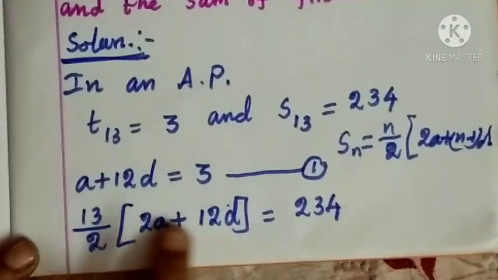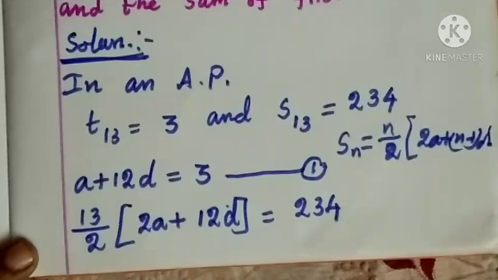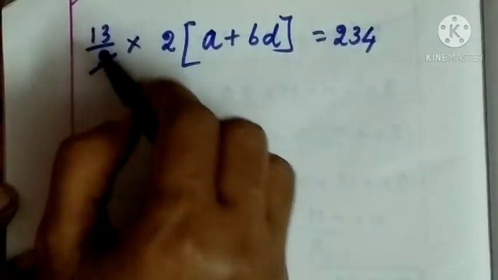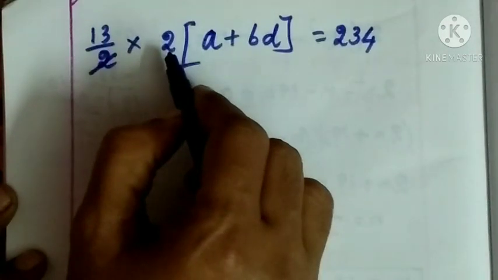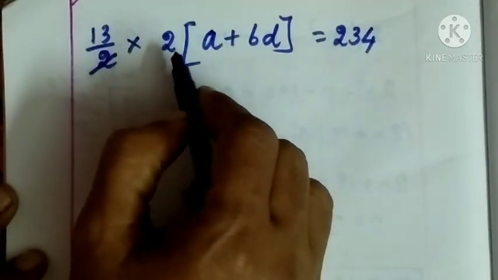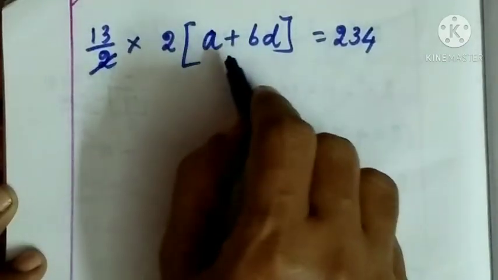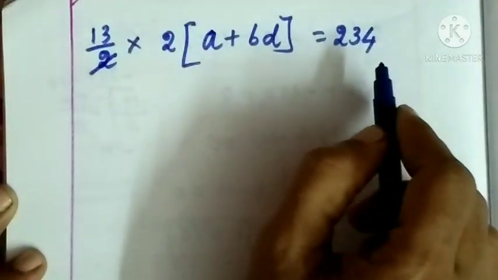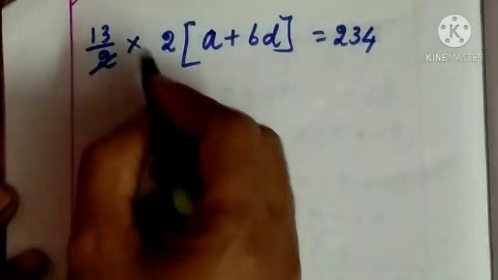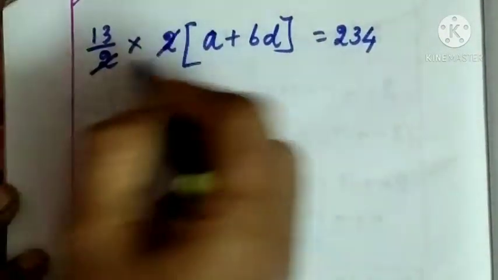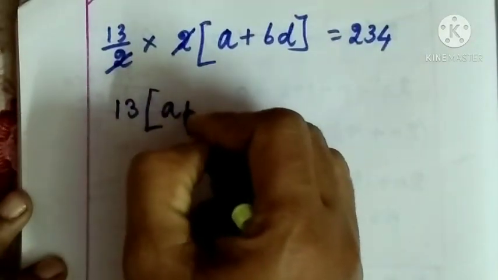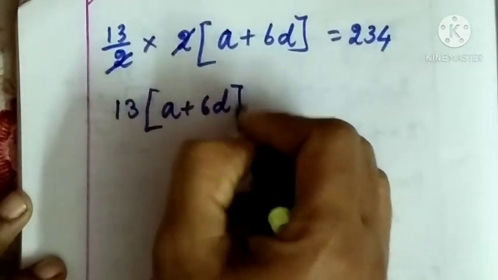Here 2 is a common factor, so you take out 2, we get 13 by 2 into 2 into a plus 6d is equal to 234. Now cancel this 2, now we have 13 into a plus 6d is equal to 234.